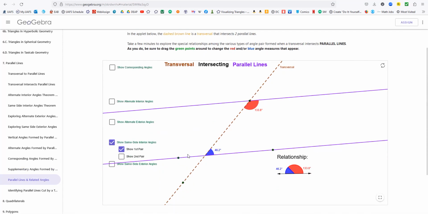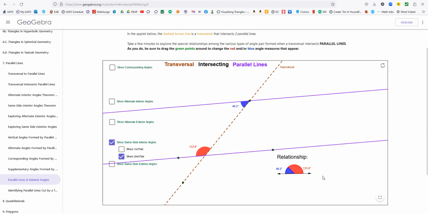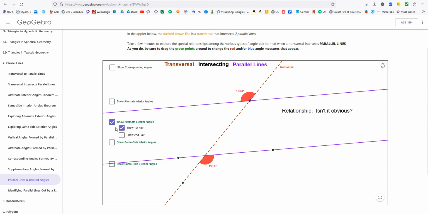Here's another activity showing same side interior angles. Here you can see the relationship is that they're supplementary. This one here is showing exterior angles, that they're congruent. Alternate interiors are measured here so you can see they're congruent.